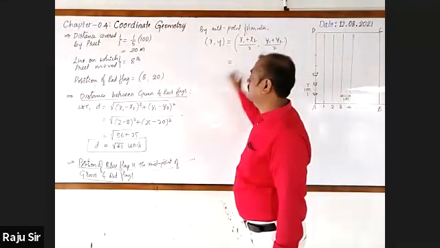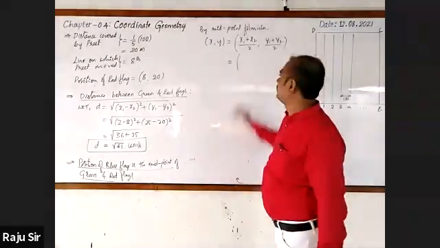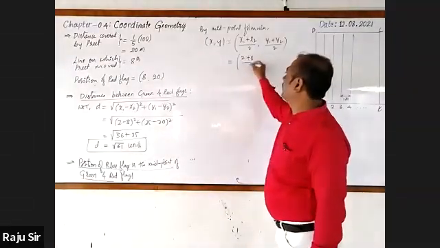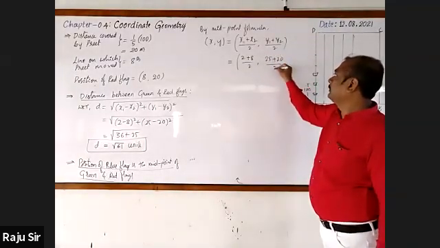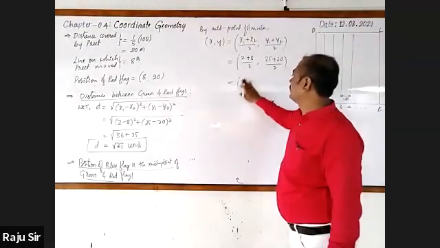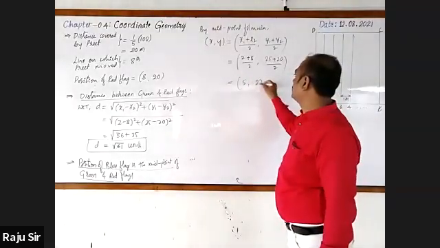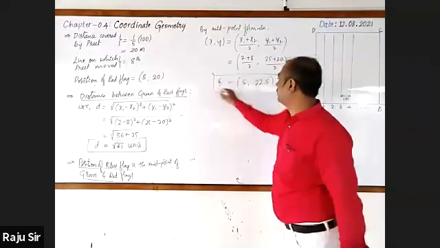Finally, x1 plus x2: 2 plus 8 by 2, y1 plus y2: 25 plus 20 by 2. It is equal to 5, and this is 22.5. It is the position of blue color flag.